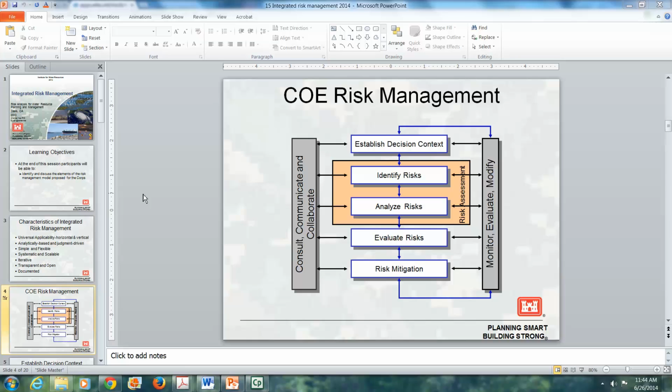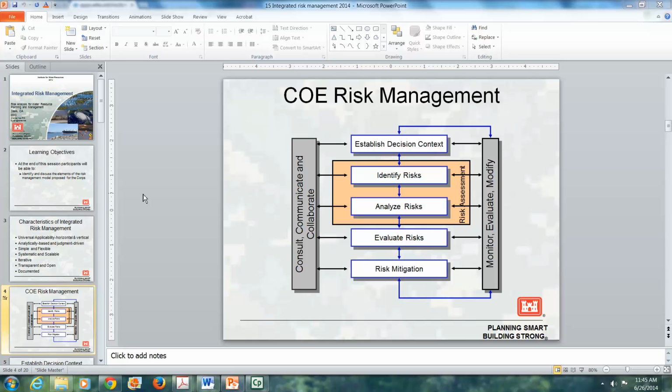You'll notice on the left and on the right are ongoing processes. On the left, you'll find the risk communication process, along with continuing consultation and collaboration. On the right, you'll find the risk monitoring, risk evaluation, and risk modification process. So this model is really quite compatible with the model that we're talking about in Chapter 3 of the text.